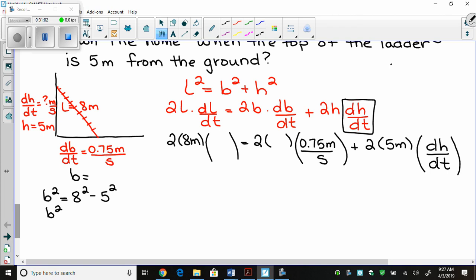B squared equals 64 minus 25. B squared equals 39. Square root. Plus or minus, but because it's a side length, B equals square root of 39 meters. So we can fill that in.